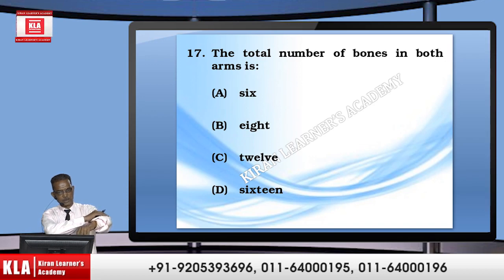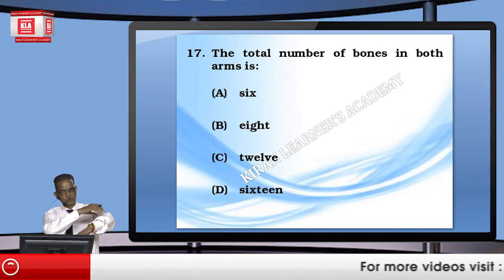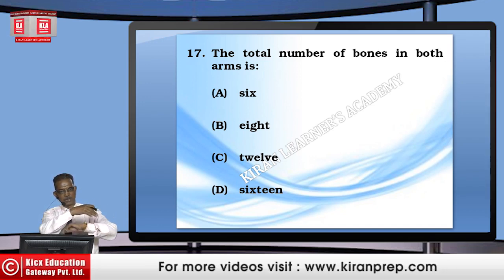One is humerus, radius and ulna, that means 1 plus 2, 3. 3 in the right arm, 3 in the left, which makes 6.